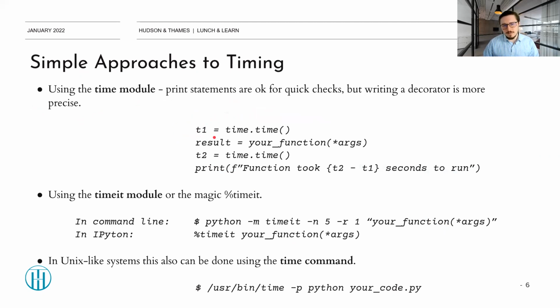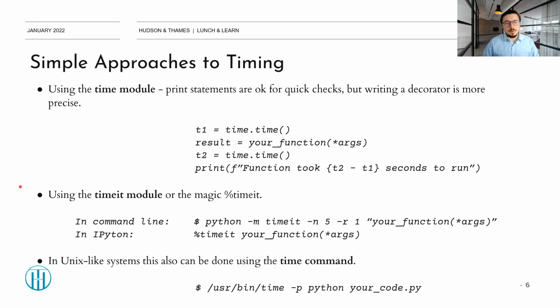Essentially, it works like this: you would import the time module, then you would call the time method at the beginning. You would run your thing, and then you would capture the end of the time. And then that difference would be the seconds it took to run your script.